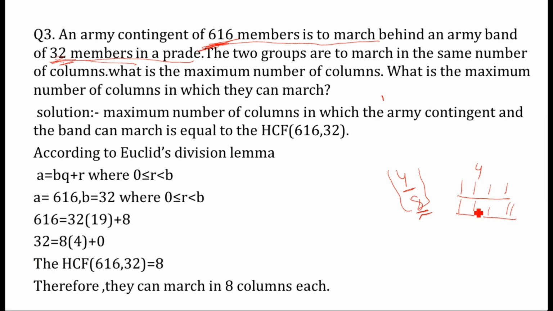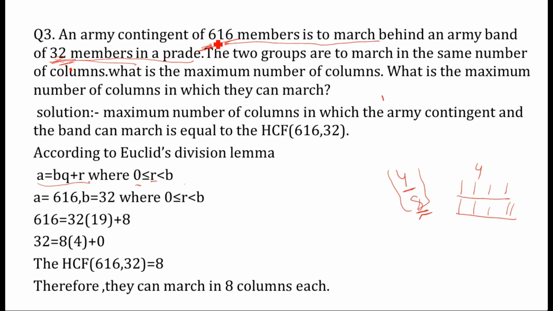Similarly, the only difference is that the numbers are big. We have to find how many columns we need so that these 616 persons can march behind these 32 members. Using Euclid's lemma, we can find the HCF of the 2 numbers. We have the formula a is equal to bq plus r, where r lies between 0 and b.